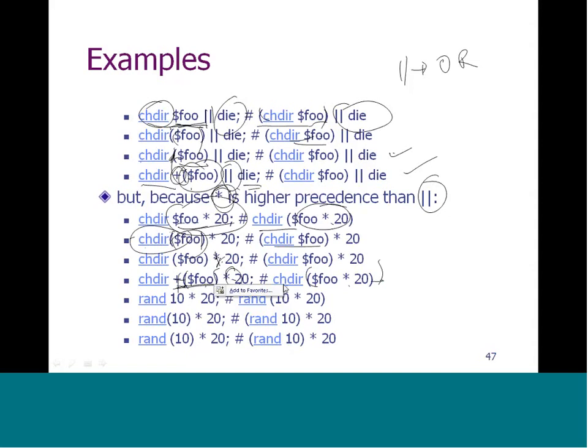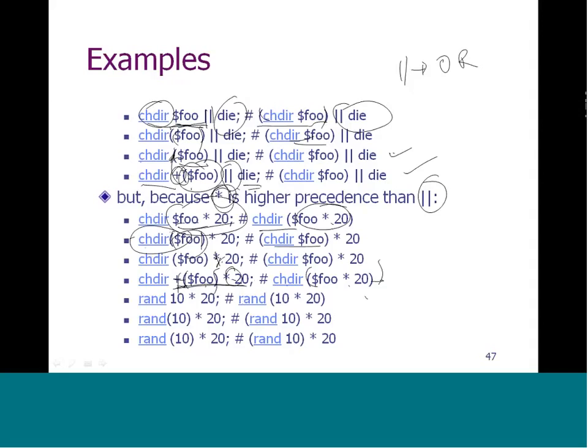Then we are actually generating some random numbers. So this is rand 10 times 20, which is 10 times 20, which is 200.